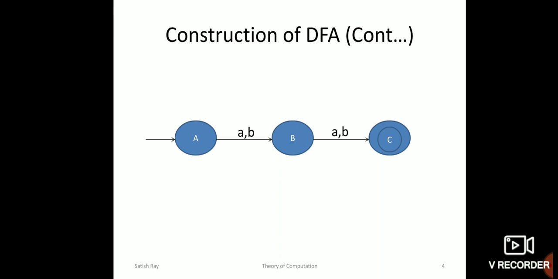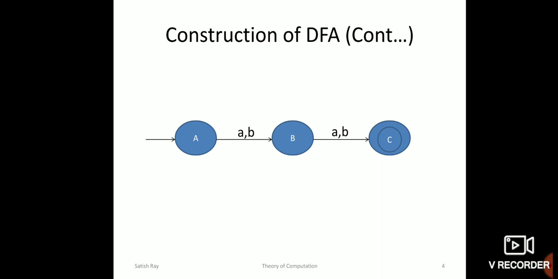From initial state A, on input small b, the next state will be B. From state B, on input small b, the next state will be C, and C is a final state. So our fourth string is also accepted. So we have constructed a DFA that is accepting all the strings of length 2.